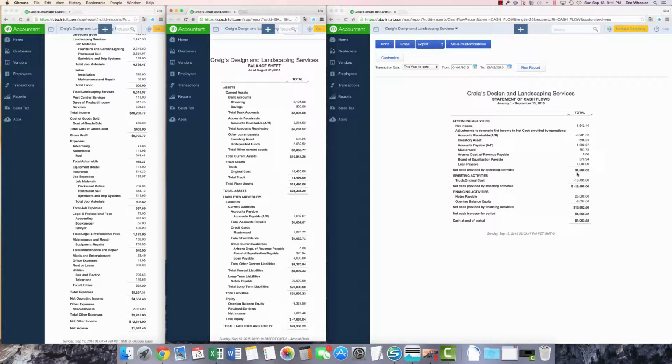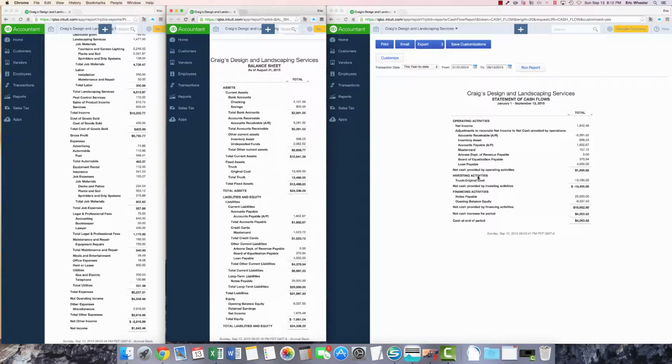So operating activities is actually one of three subcategories on the statement of cash flows, and it is arguably the most important of the three categories. The next two are investing activities and financing activities. And both of these, while important, really aren't as critical as the operating activities, because that's really the nuts and bolts of your business.